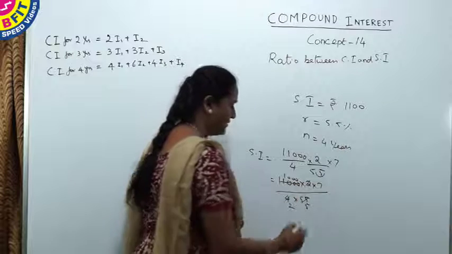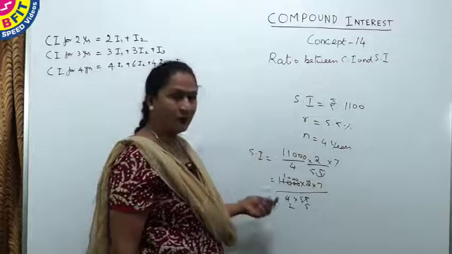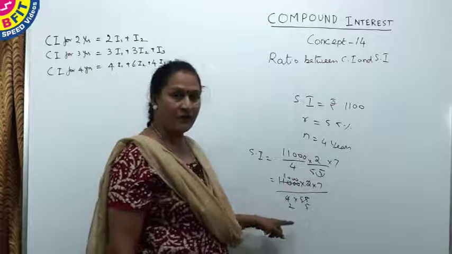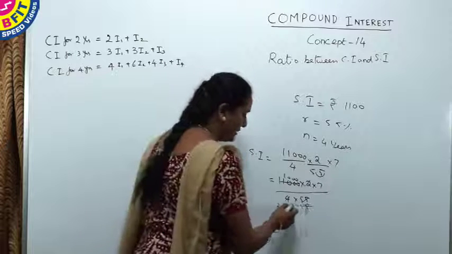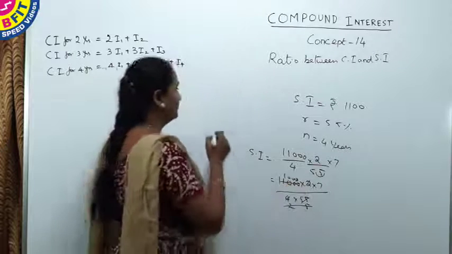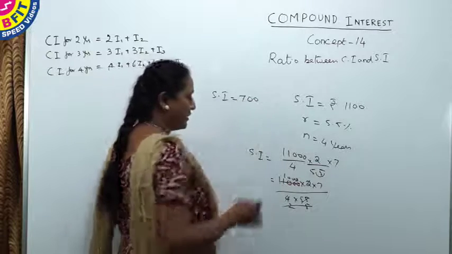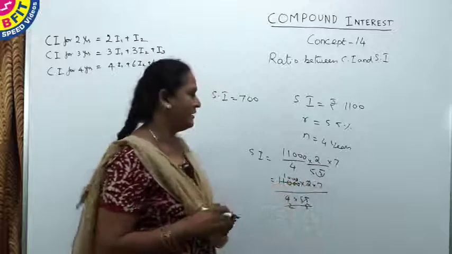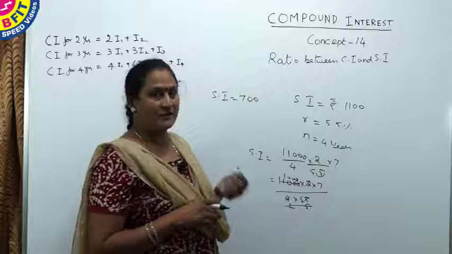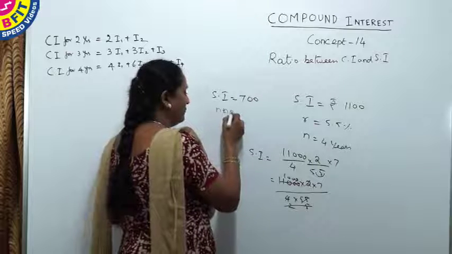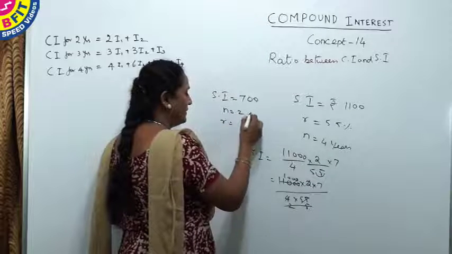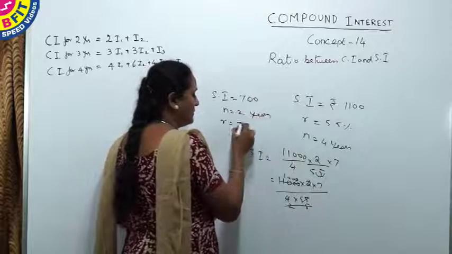So 2 times 4. 2 into 5 is 10, so we can cancel the 0. And the simple interest got is 7 into 100, 700. So we have got simple interest 700 for 2 years at rate 7%.